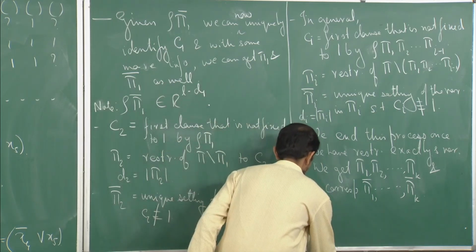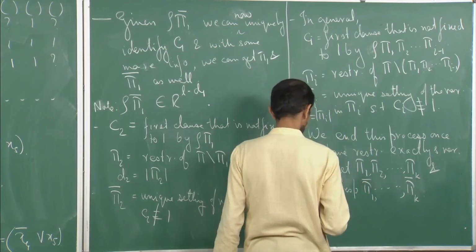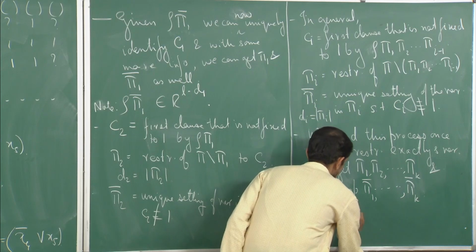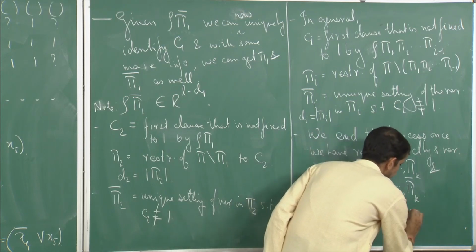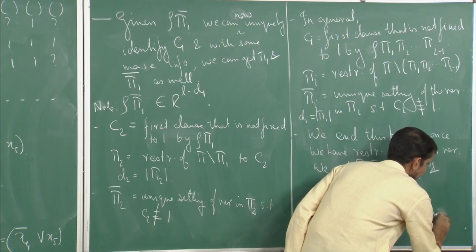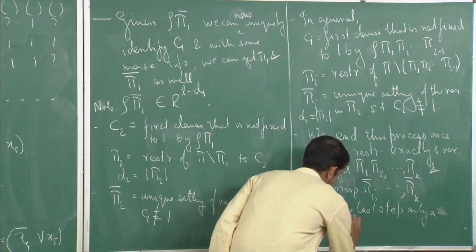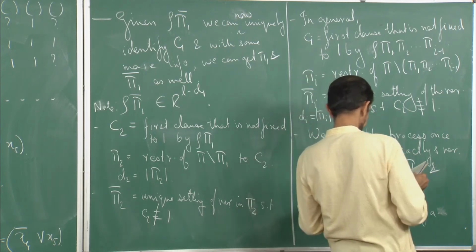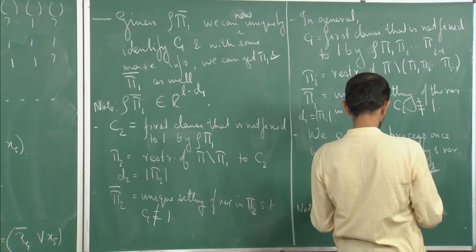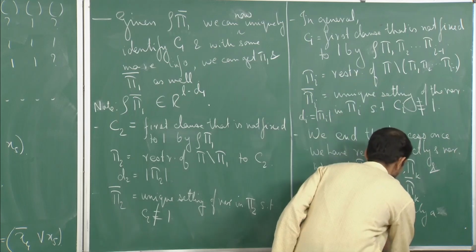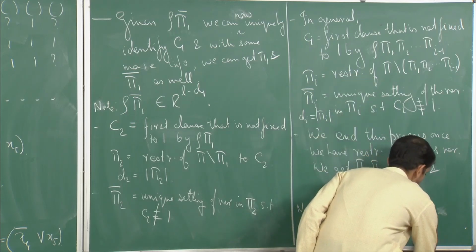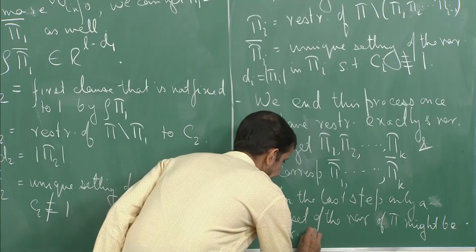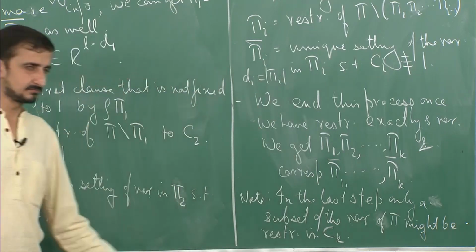Okay. So note, in the last step only a subset of the variables of pi might be restricted in Ck, but that is okay for us, it does not matter.